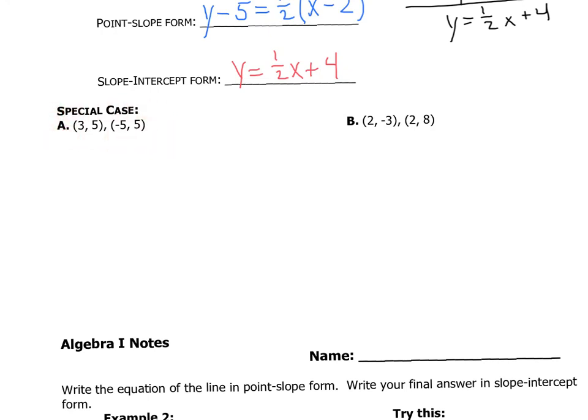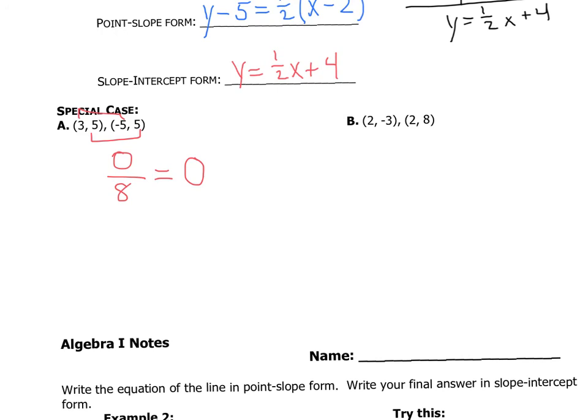So let's find the slope. y minus y is 0, over x minus x, 3 minus negative 5, is 8. So you get a slope of 0. Now you have to think to yourself, okay, what lines have 0 slope?